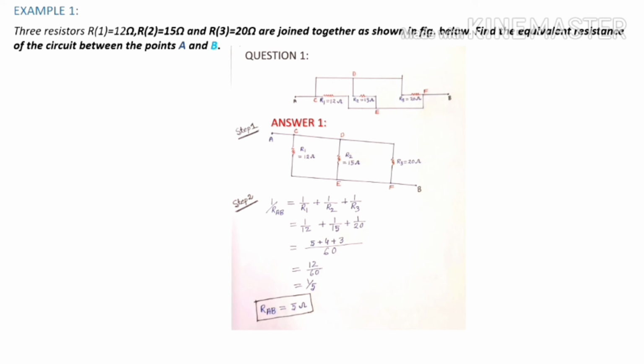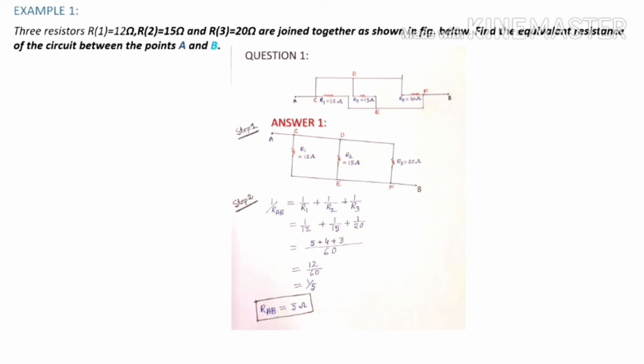After that I stretch it. But remember, the junction connection does not change. Here A is connected to C. You cannot connect A to D. So remember, the junction connection is not changed. You can stretch it as you like.